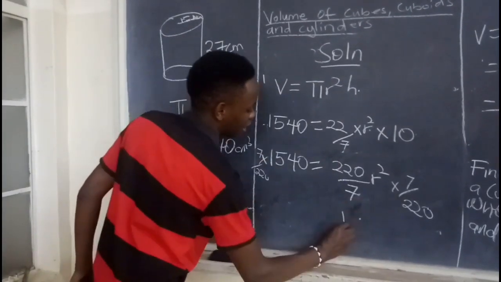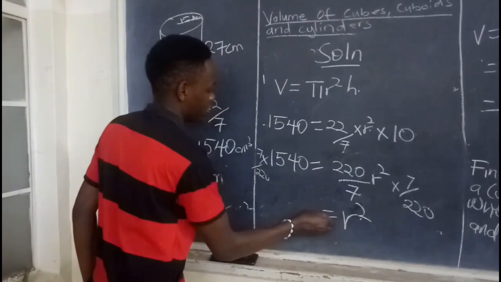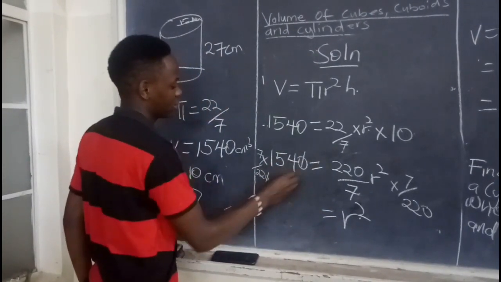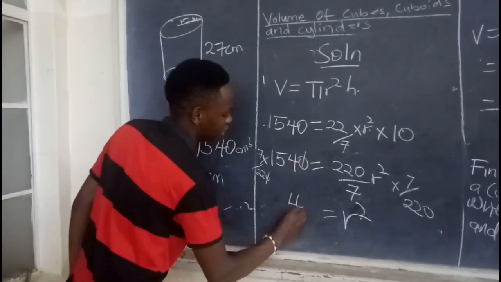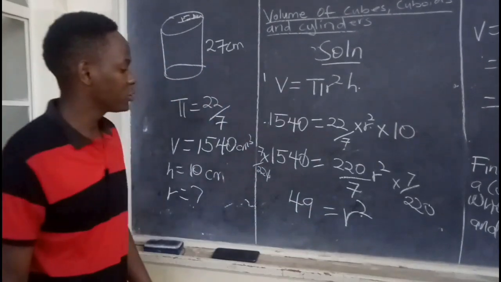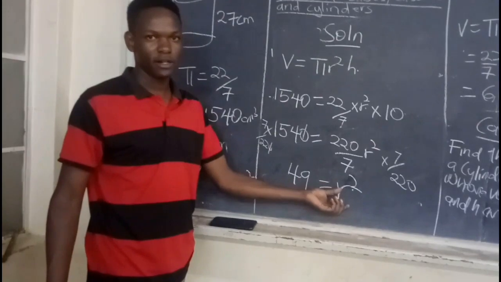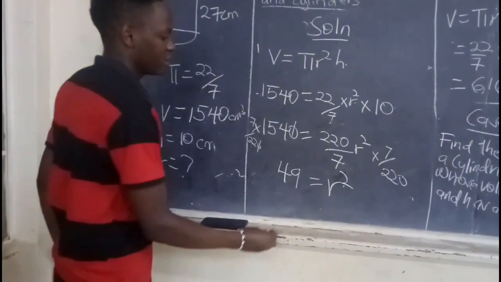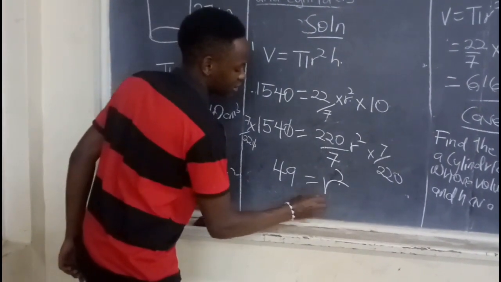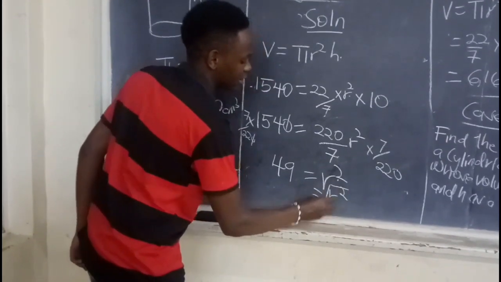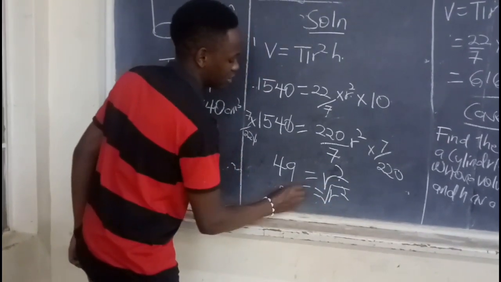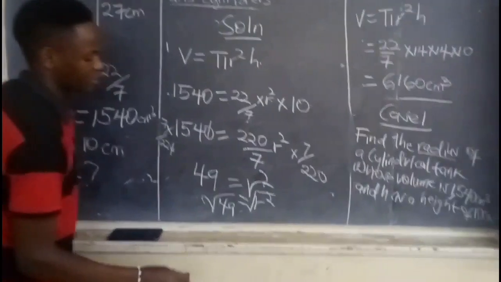So on this side, r squared remains. On this side, by calculation, you will get 49. Since we want the value of r squared, in order to get the value of r, we should find the square root. So the square root of r squared equals the square root of 49.